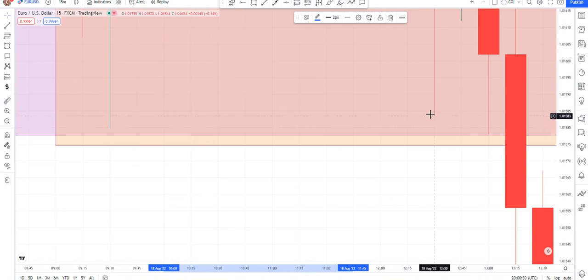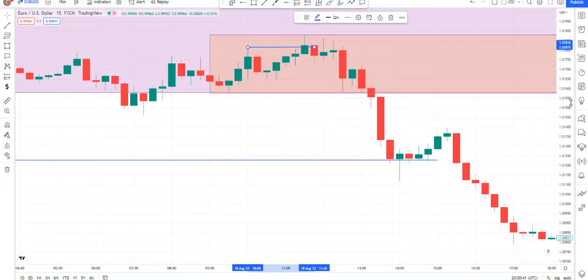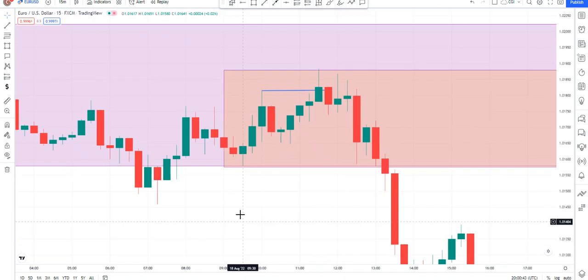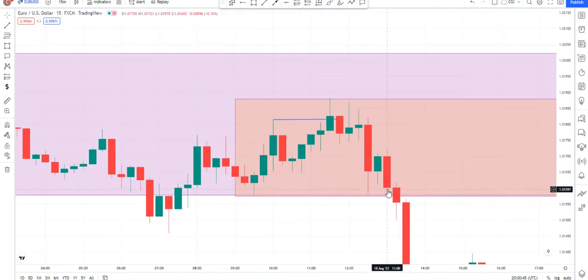This place didn't take it out, but it was taken out here. Zoom out a bit. It was taken out on this candle. It was not this guy that took it out, it was this other candle here.